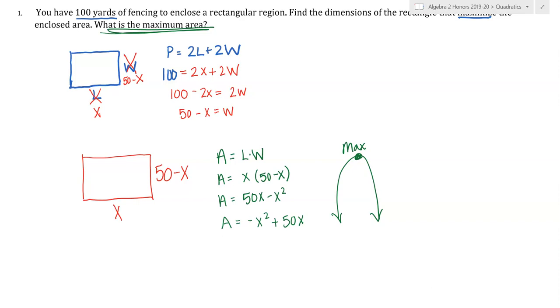There's two different ways you can do this. Because it's in standard form, we can do opposite b over 2a and then plug that in. But if you are a fan of completing the square, you could also complete the square. So I want you to pause the video for a minute and go ahead and find the vertex.